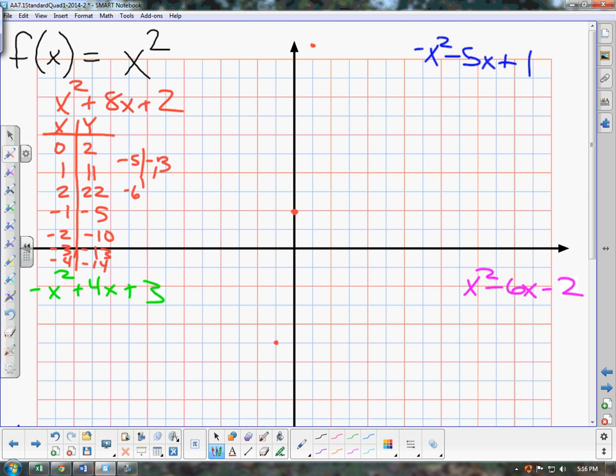So negative 6 must be a negative 10. Negative 7 has got to be a negative 5. Negative 8 then must be 2.